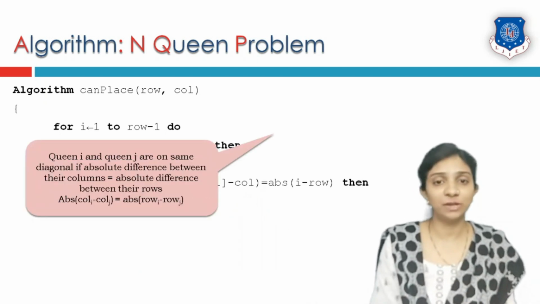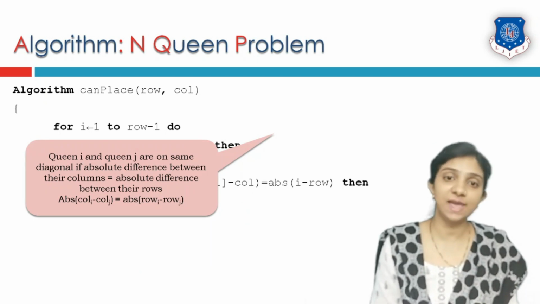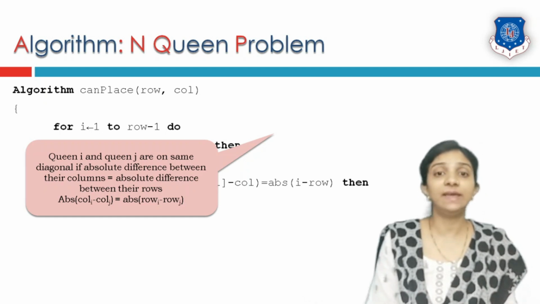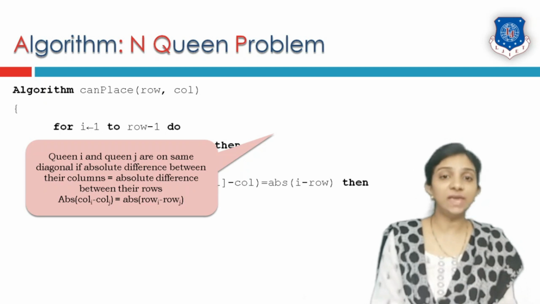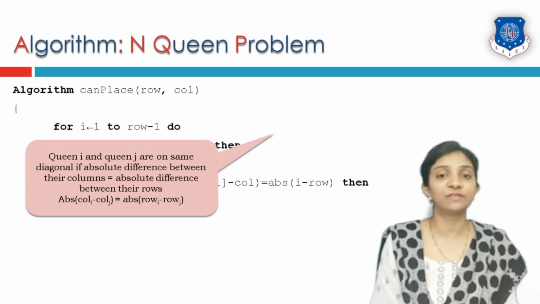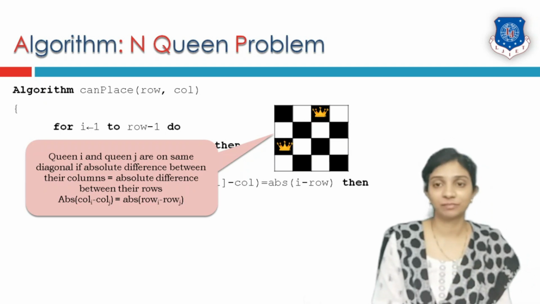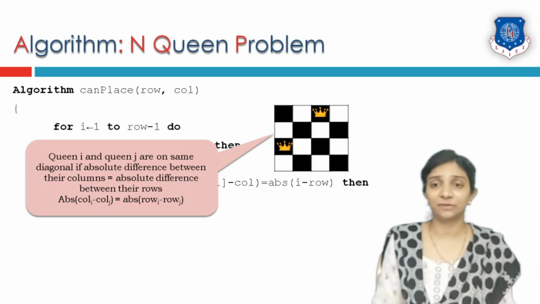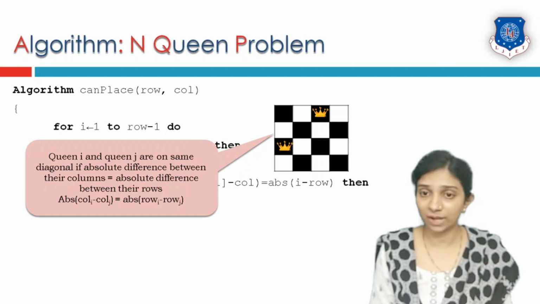Now how this formula works, that we will see. Any two queens I and J are said to be on a single diagonal if the absolute difference between their rows is equal to the absolute difference between their columns. What do we mean by this? In this example, my first queen is in cell 1, 3 and the second queen is at 3, 1.